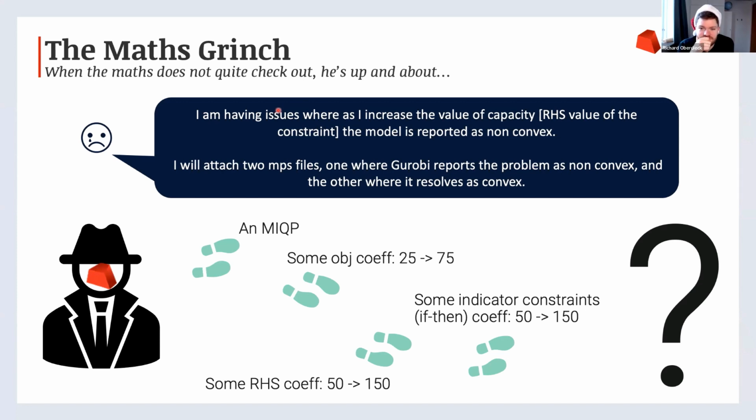So I would just say, don't be so quick to rule that one out. No, that's true. I wouldn't have ruled it out. So there are all legitimate reasons, don't get me wrong. But because the question talks about the right-hand side, I was thinking that people would focus more on that rather than the objective function. But of course, you're right. You can make your objective function non-convex very quickly just by changing the objective function values.